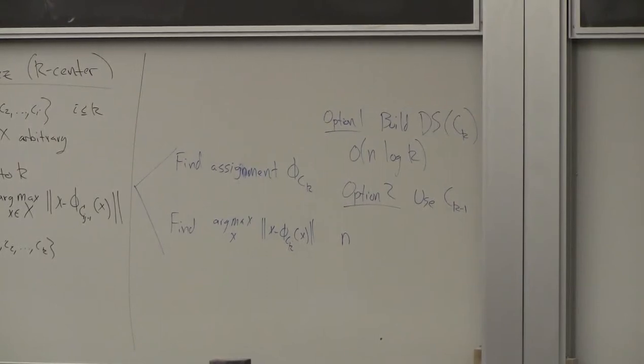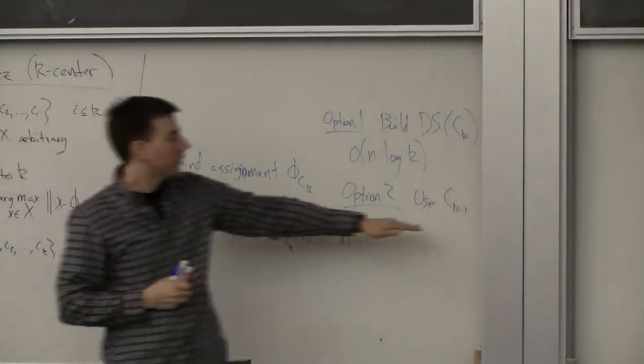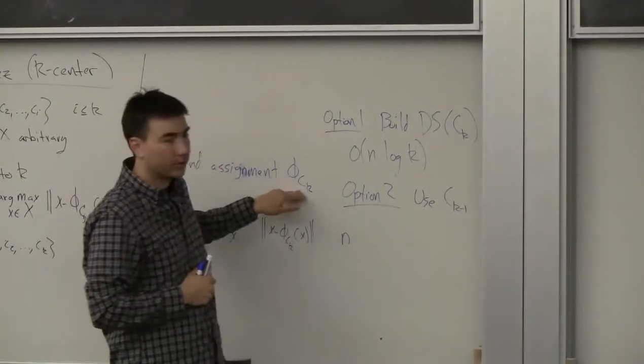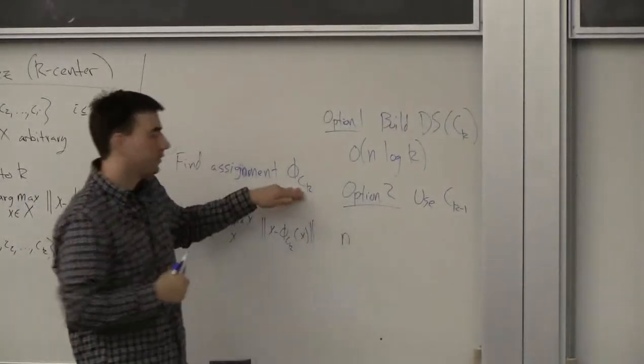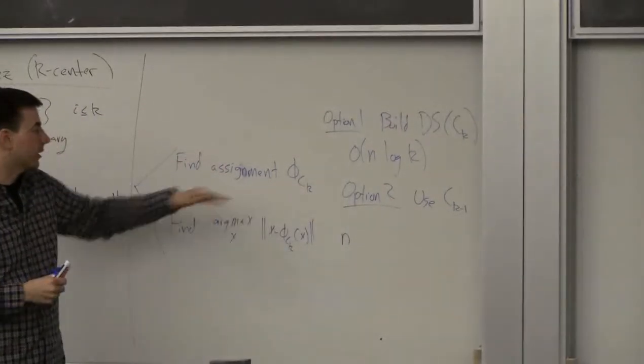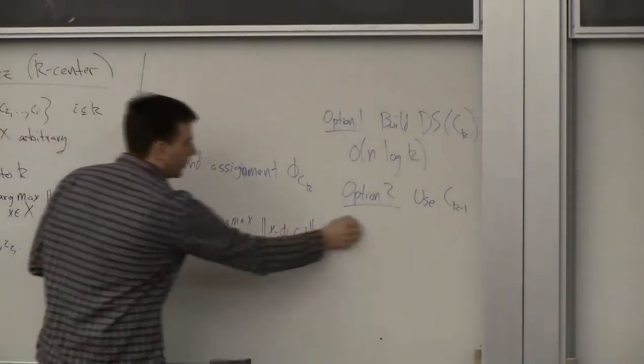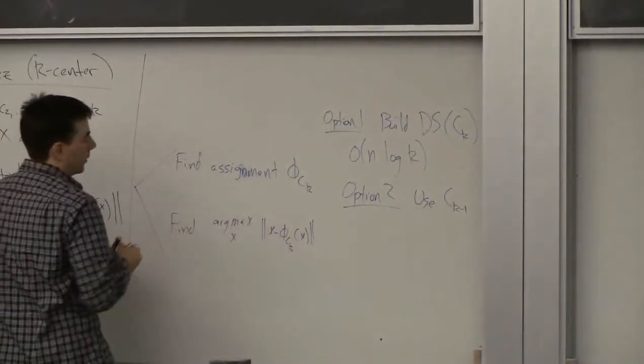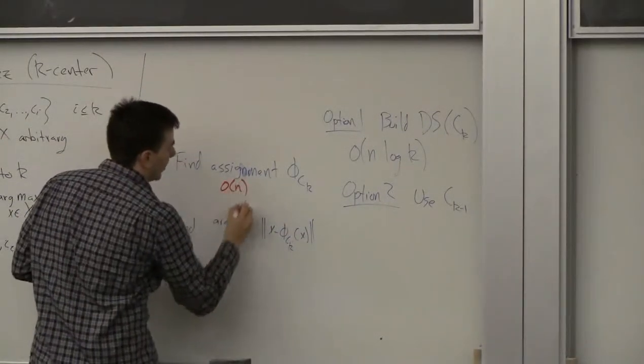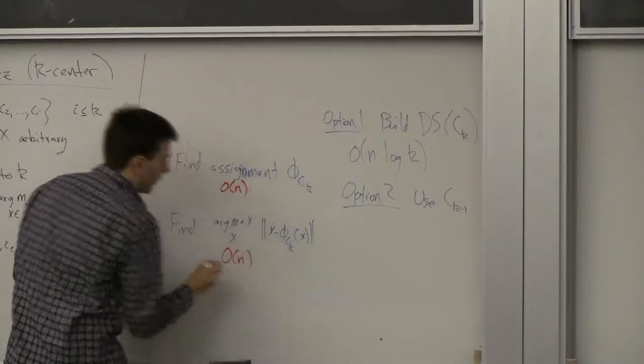So I only need a linear number of comparisons to update from the old c_{k-1} to the new c_k. So this can also be done in O of n time. I have O of n time here and O of n time here.